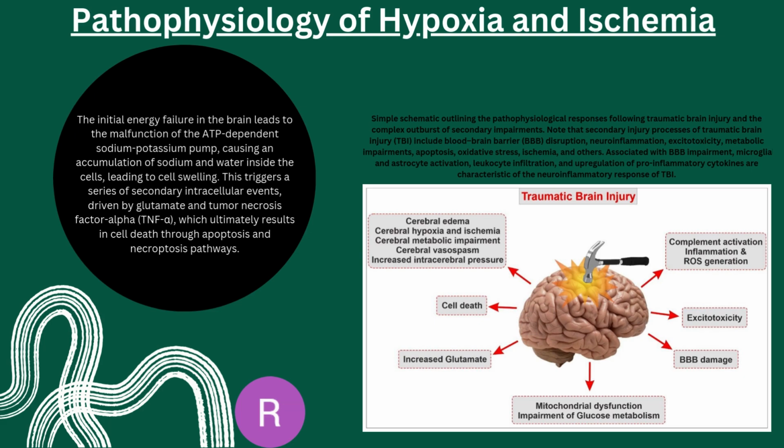Here is a simple schematic outlining the pathophysiological responses following traumatic brain injury, or TBI, and the complex outburst of secondary impairments. Note that secondary injury processes of traumatic brain injury include blood brain barrier disruption, neuroinflammation, excitotoxicity, metabolic impairments, apoptosis, oxidative stress, ischemia, and others.